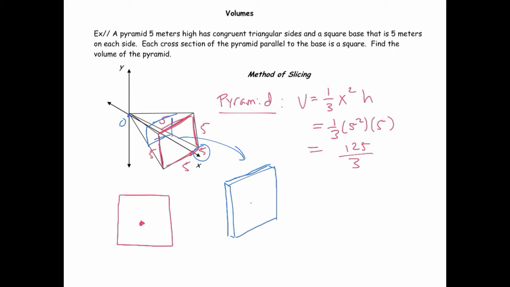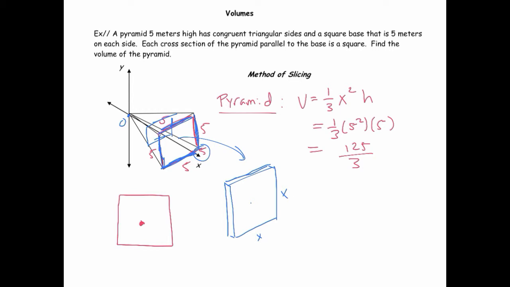So the length and width of each of these slices is going to be x. The reason you know that is because when you're 5 meters from the origin, the side length of the square that represents the base is 5 meters.